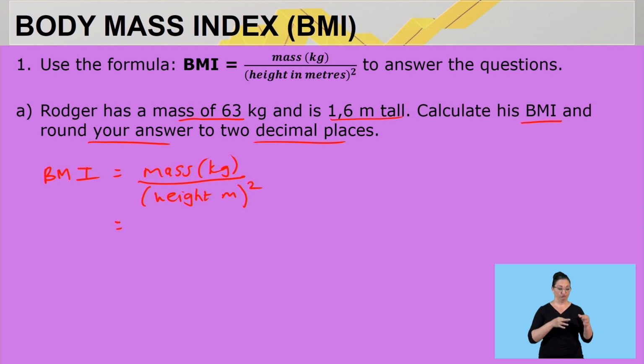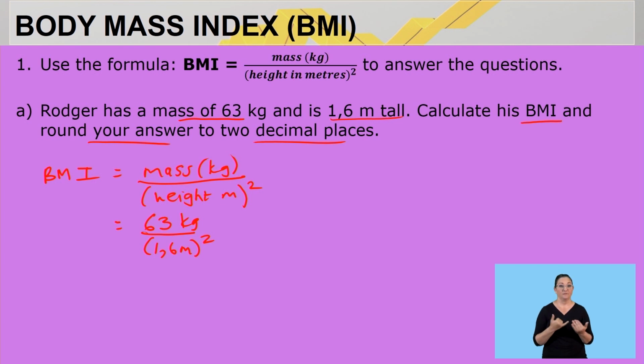Looking at what is presented here, I see that his mass is 63 kilograms. His height is indicated as 1.6 meters, and remember to square this value. So now I will simplify by typing in 63 divided by 1.6 and I'll square that value.